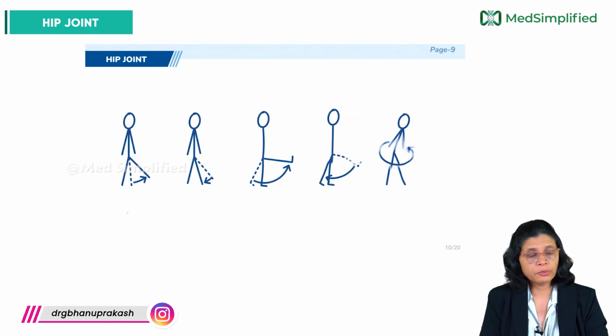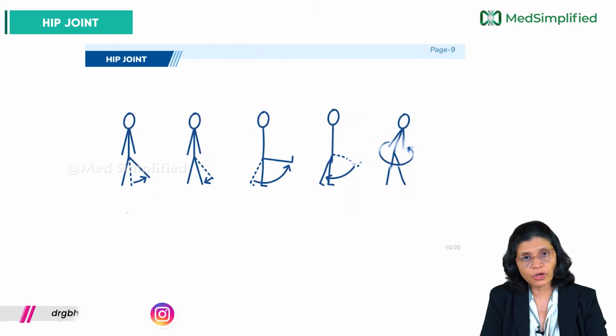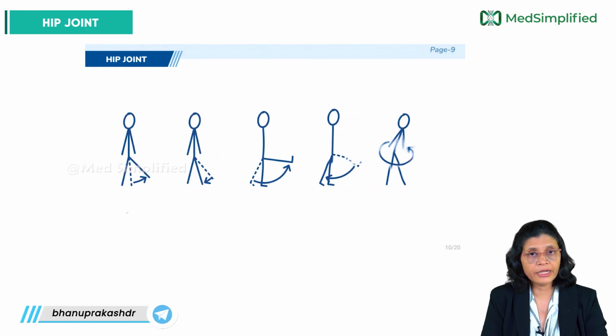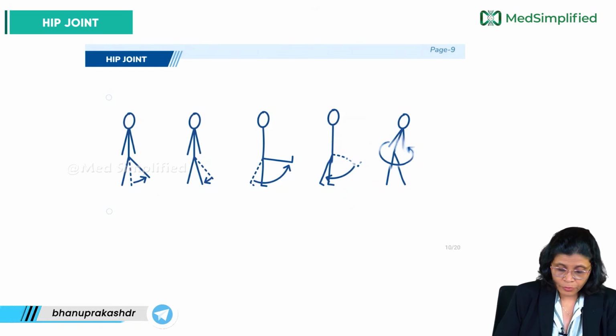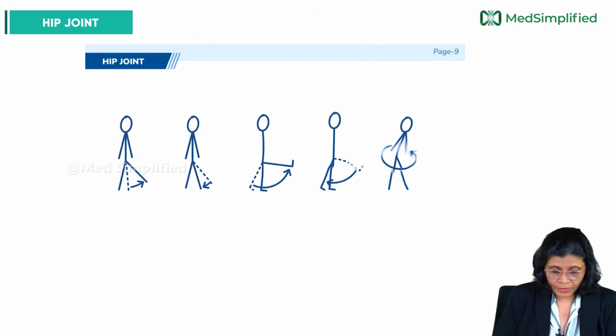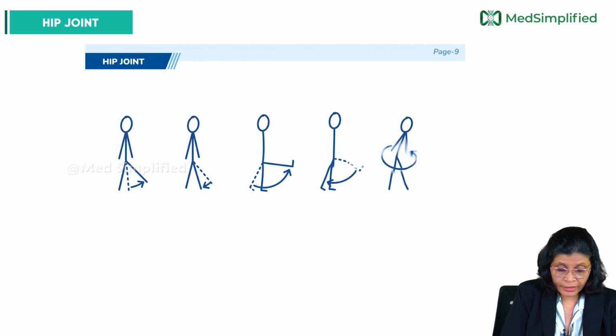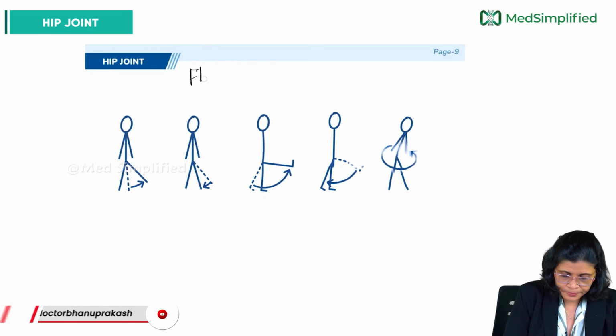So coming to the movements of the hip joint. Since it is a multi-axial joint, movements take place in all directions, except that the range is restricted. The maximum movement occurs along flexion, about 110 to 120 degrees. The different movements are flexion and extension.